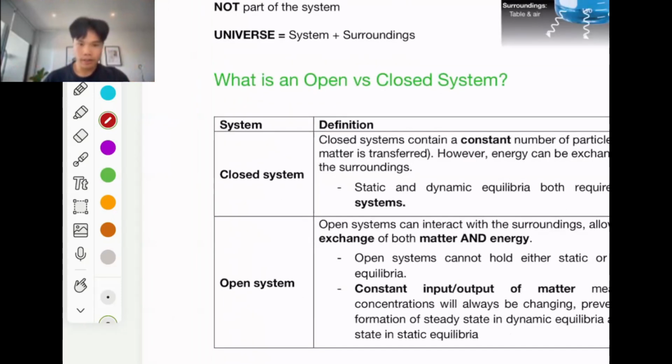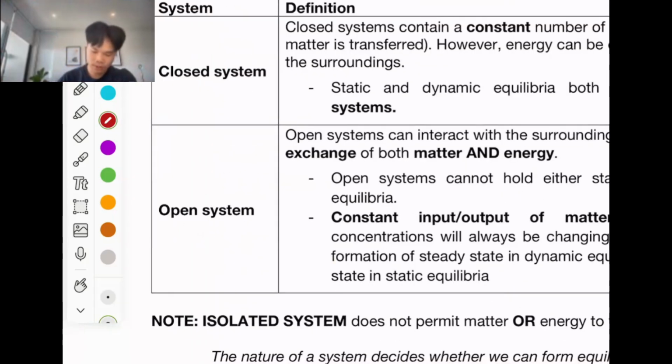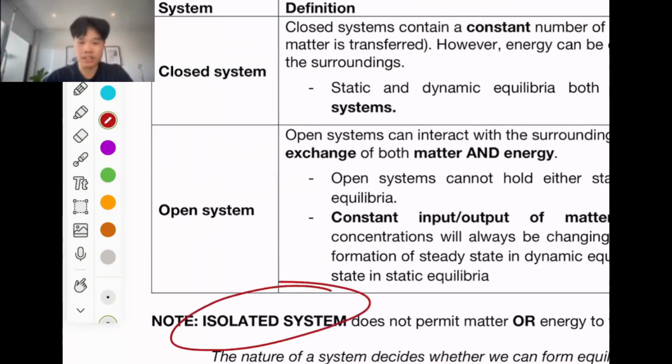When we talk about open and closed system, we're talking about, can this chemical reaction system exchange matter with the surrounding or not? And so for a closed system, matter cannot be exchanged. Open system, matter can be exchanged. And for both of them, energy can be exchanged as well. The only small caveat that some people might miss is an isolated system.